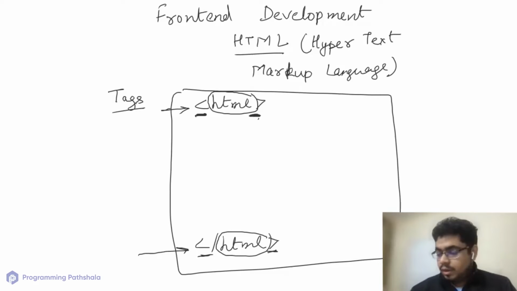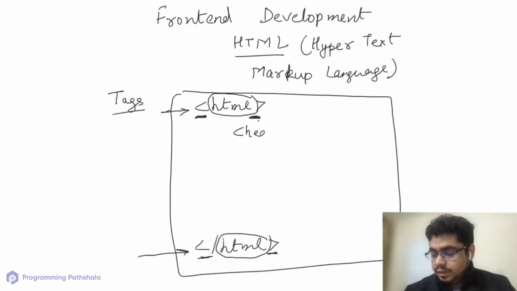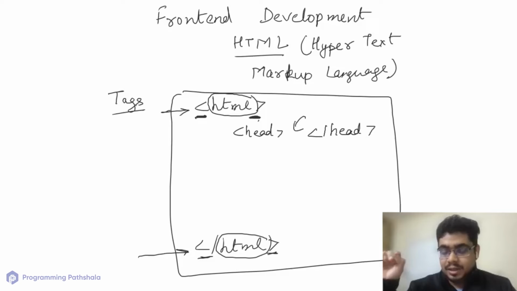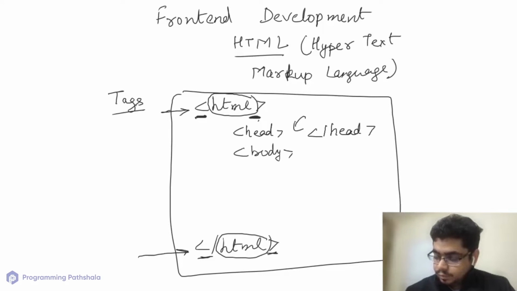Now, generally, an HTML page has two main sections. First is the header section, and then the body section. So let me write head here for the header part. We can write more things here which we want to put inside the header. And then we have a body part. And let's say here, I just want to write my name for now.